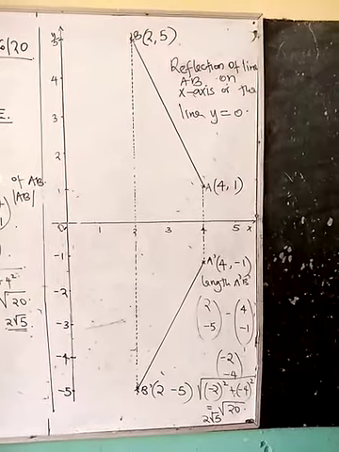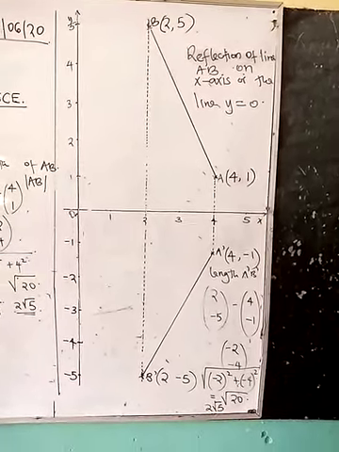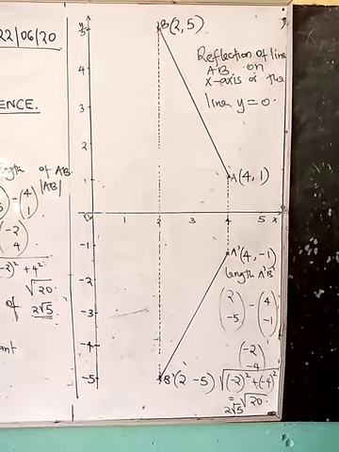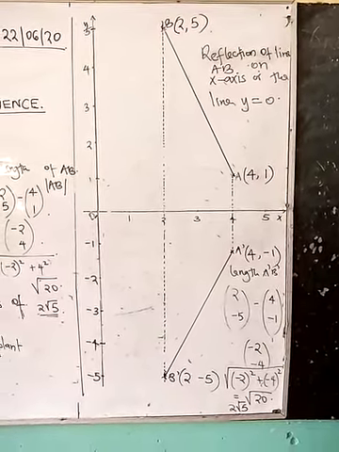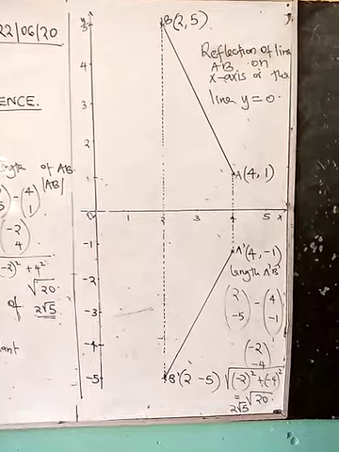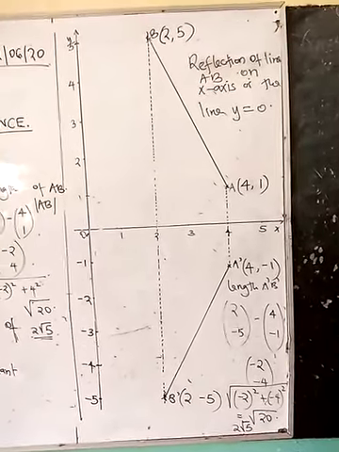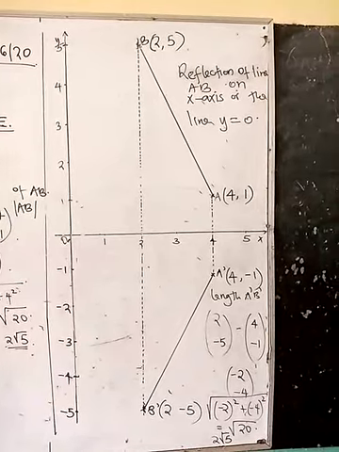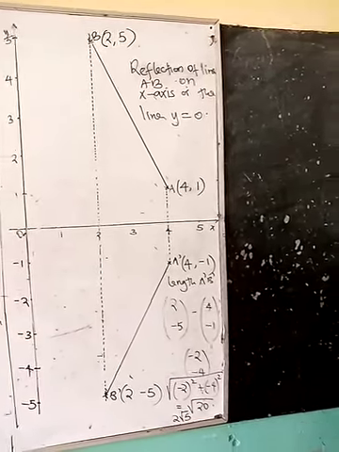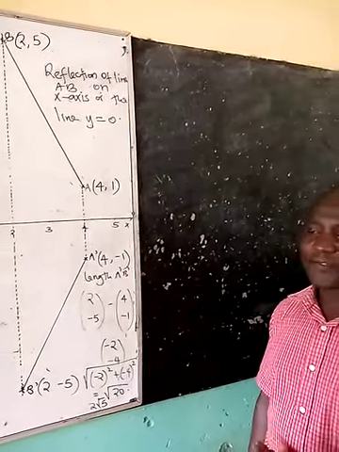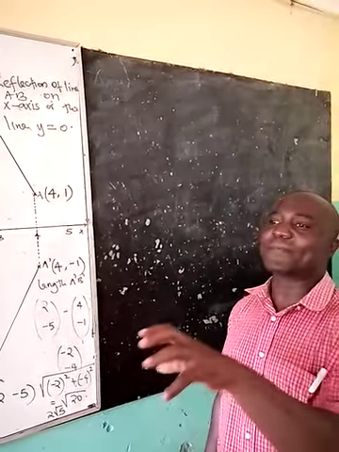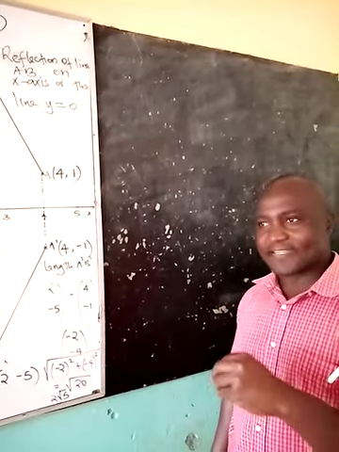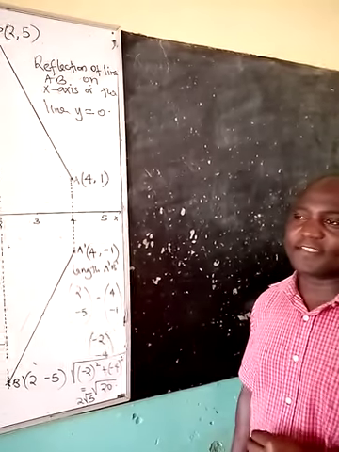So with that reflection, how do we then confirm that these lines are similar? When you look at yourself in a mirror, you realize that the image you see reflects who you are. So if your face is dirty, the image that will appear there will be dirty. So the object must resemble the what? The image.